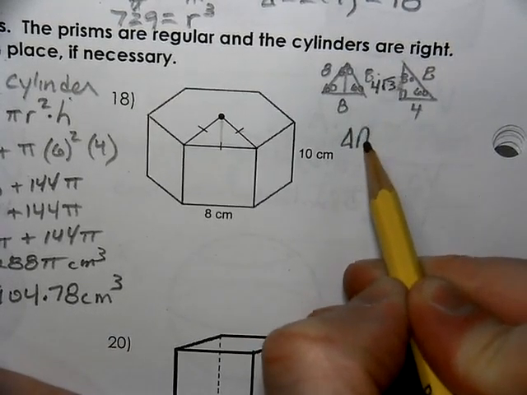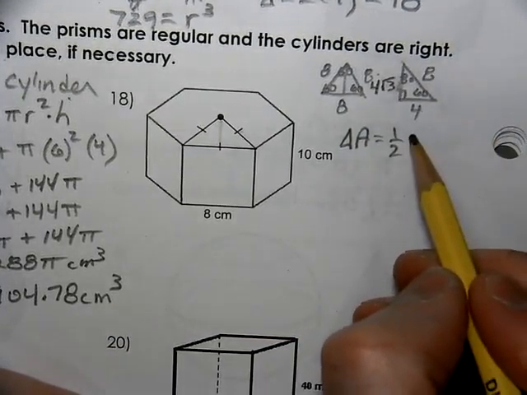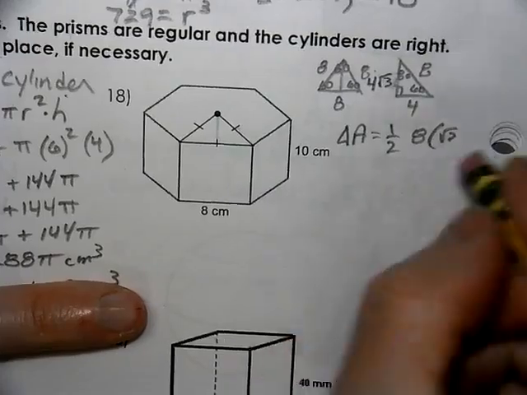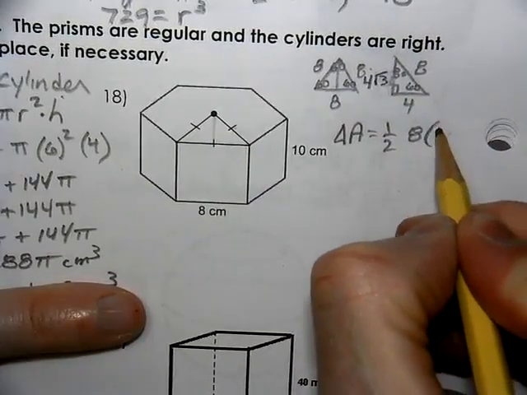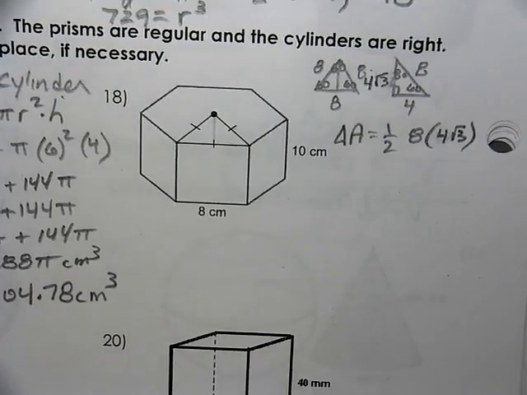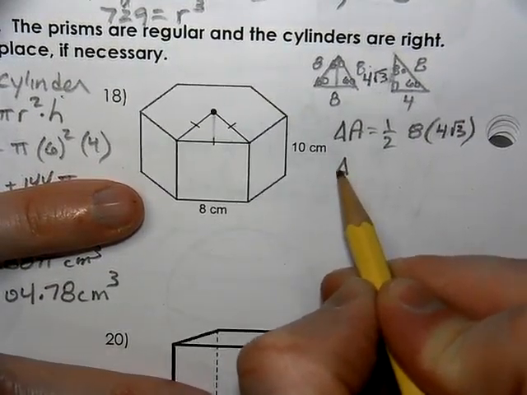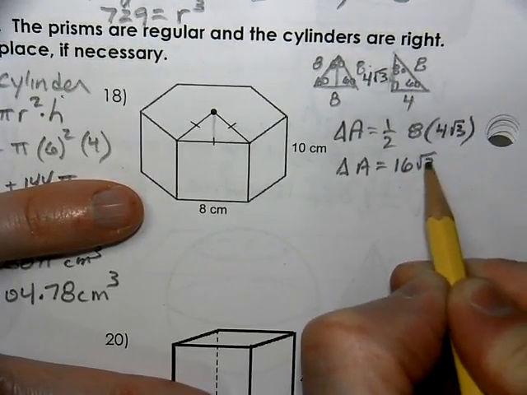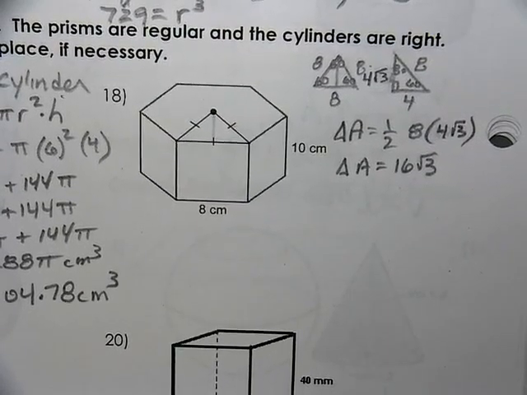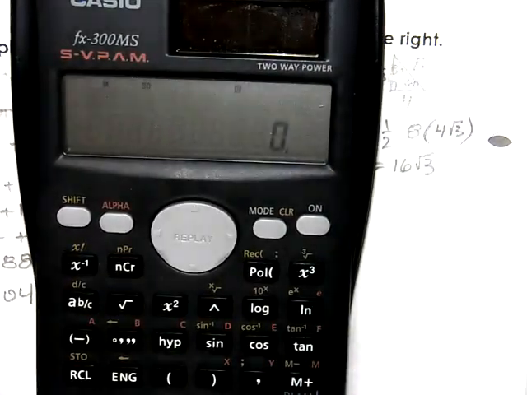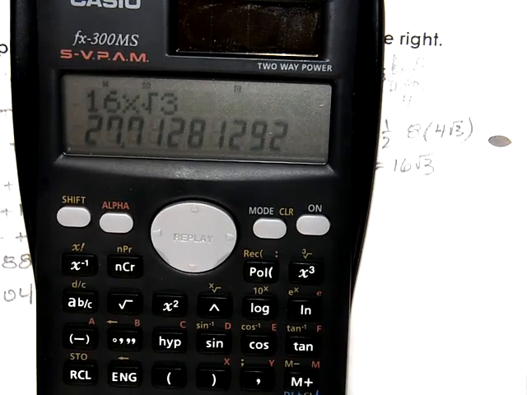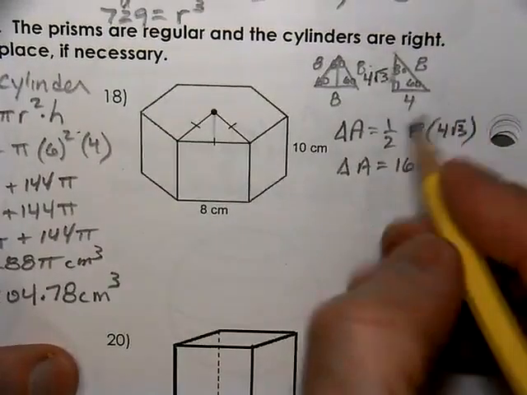So the triangle area equals half times 8 times 4 root 3. So the area of the triangle is going to be 4 times 4, which is 16 root 3. Times the square root of 3, we'll just use the decimal version this time, 27.71.